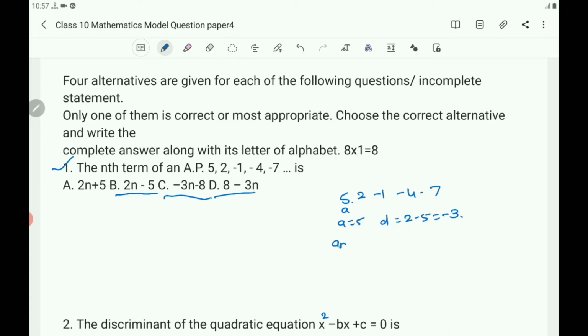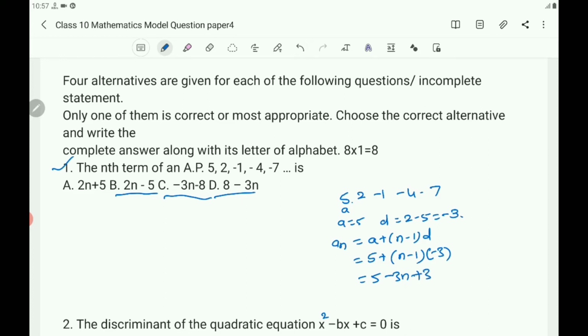So you write a_n equals a plus n minus 1 into d. a is 5, plus n minus 1, d is minus 3. Then it becomes 5, and n into minus 3 is minus 3n, and minus 1 into minus 3 is plus 3.